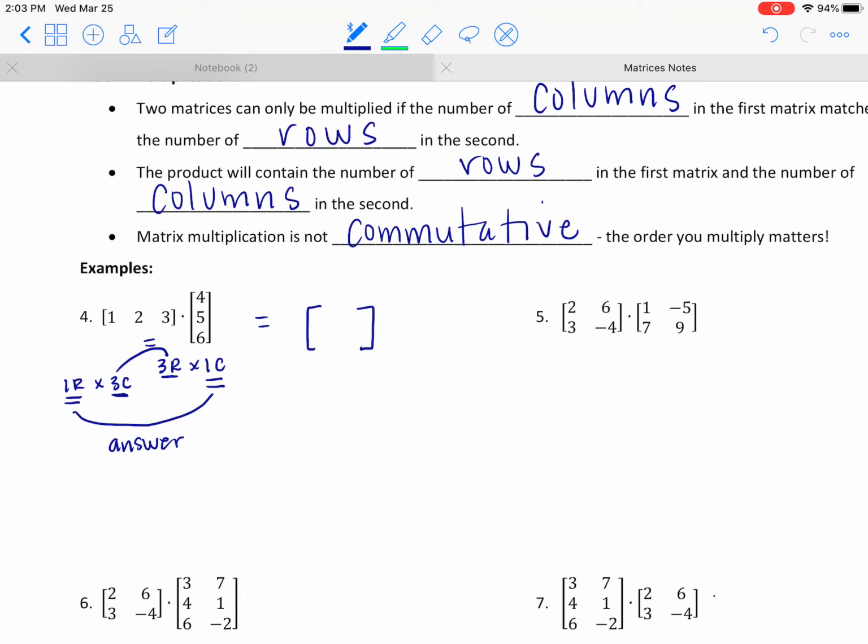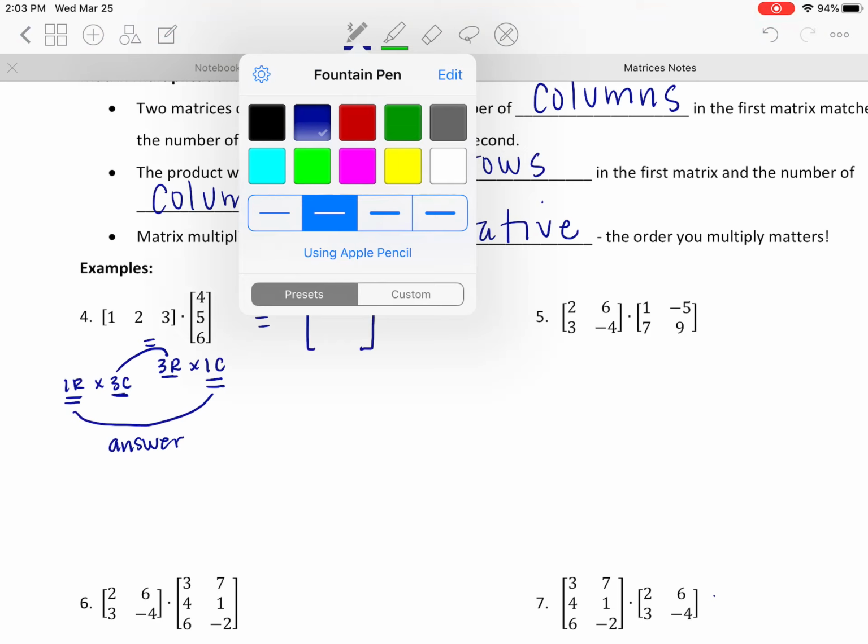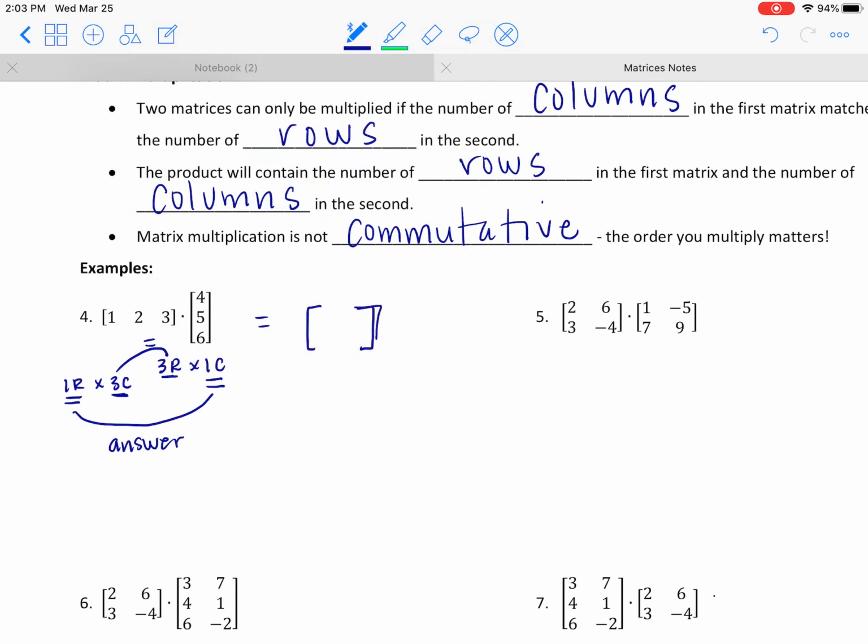1 by 1 means we're only looking at a single entry. So now the question is, what goes in that single entry? When we multiply, we are multiplying this row by this column: the first and first number, second and second number, third and third number, and adding those results together.